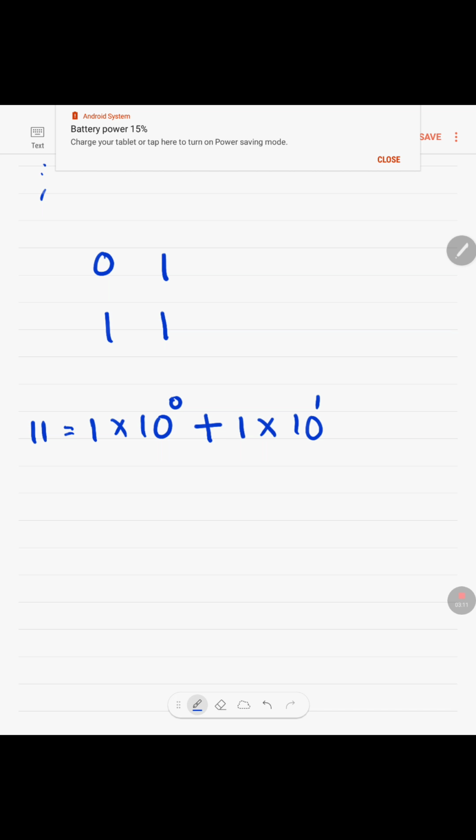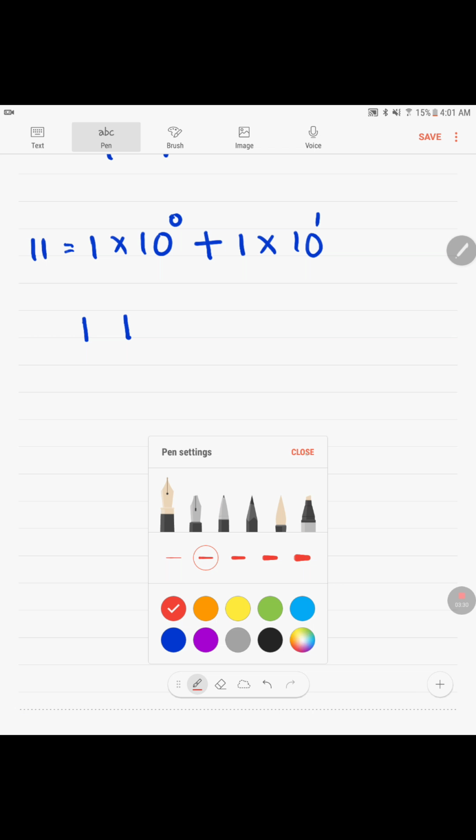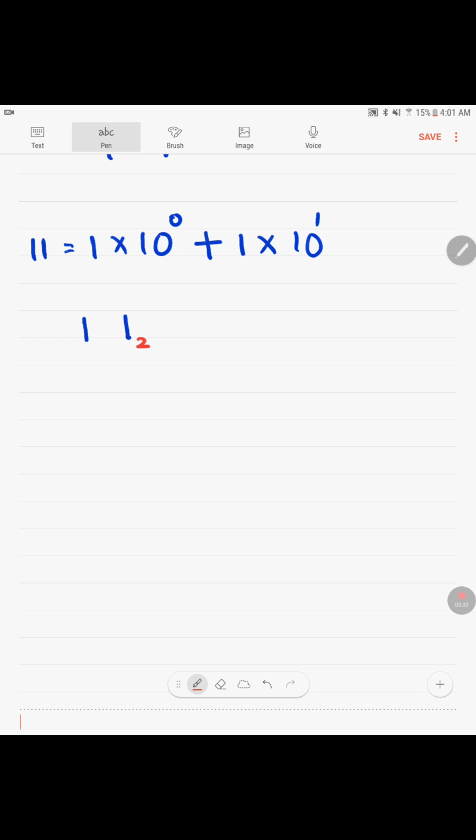And now, taking this in mind, if we have a binary number, which is base 2, 1 1, let me put a subscript 2 just to indicate that this is base 2.